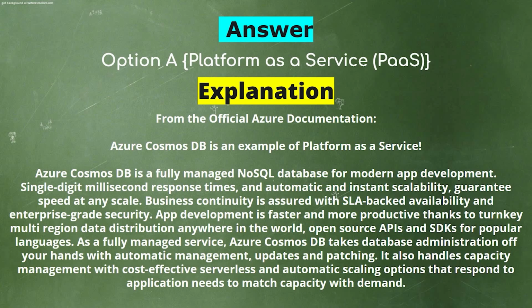App development is faster and more productive thanks to turnkey multi-region data distribution anywhere in the world, open source APIs, and SDKs for popular languages. As a fully managed service, Azure Cosmos DB takes database administration off your hands with automatic management, updates, and patching. It also handles capacity management with cost-effective serverless and automatic scaling options that respond to application needs to match capacity with demand.